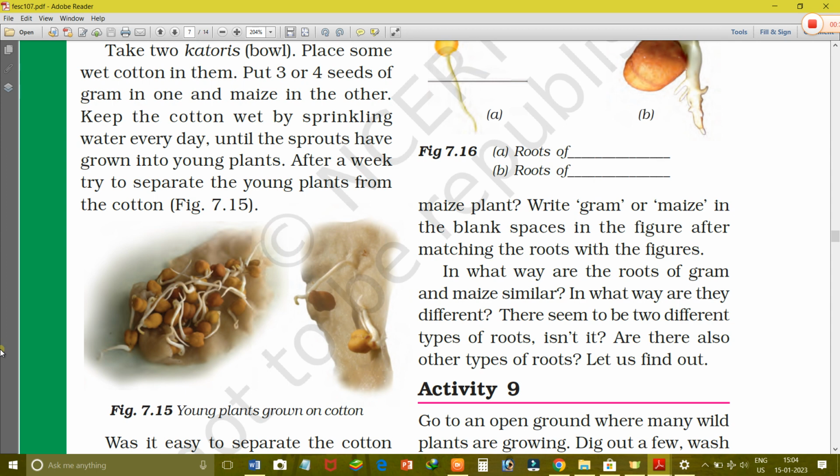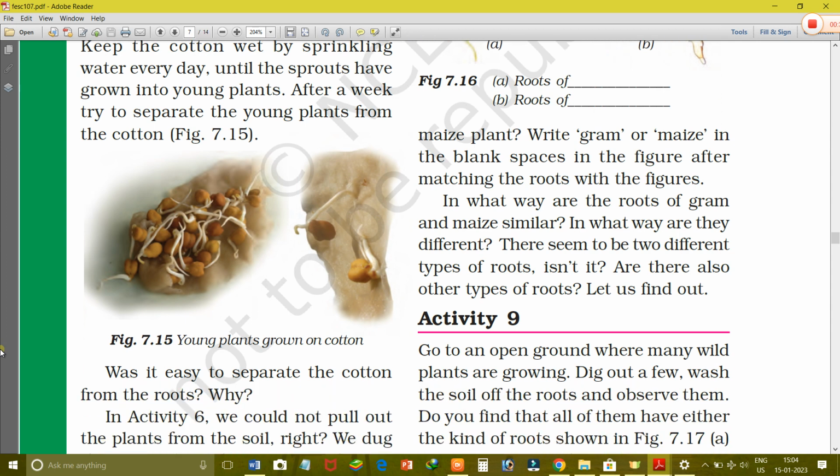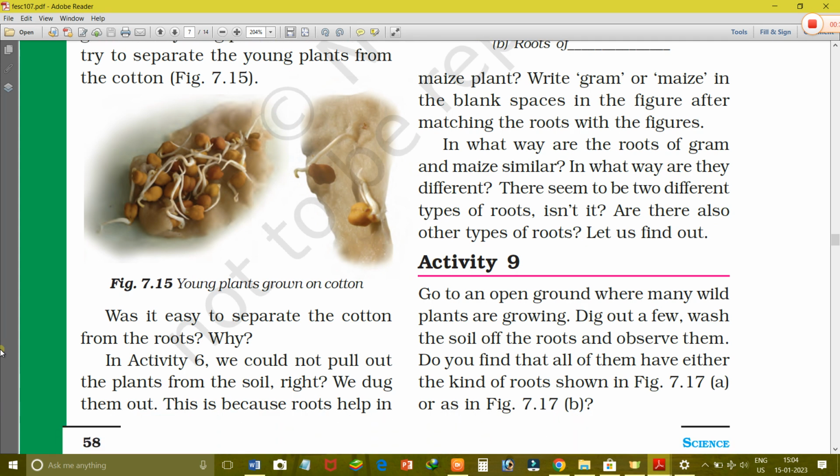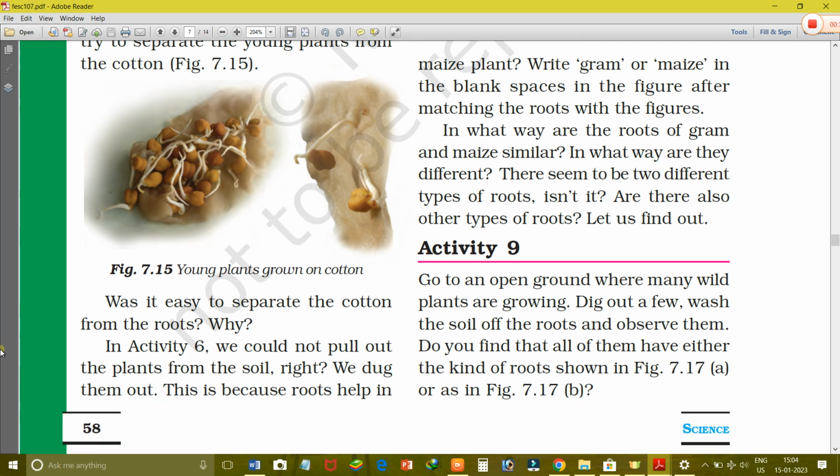There are also other types of roots. Let us find out. Activity 9. Go to an open ground where many wild plants are growing. Dig out a few, wash the soil off the roots and observe them.